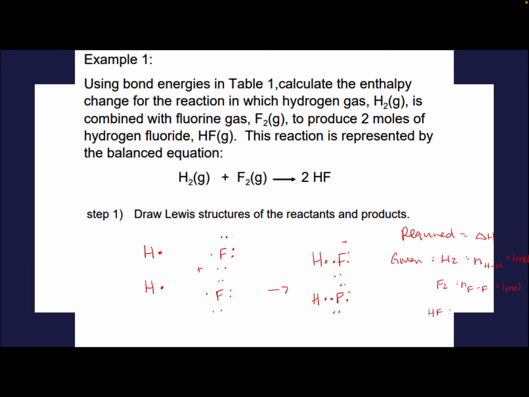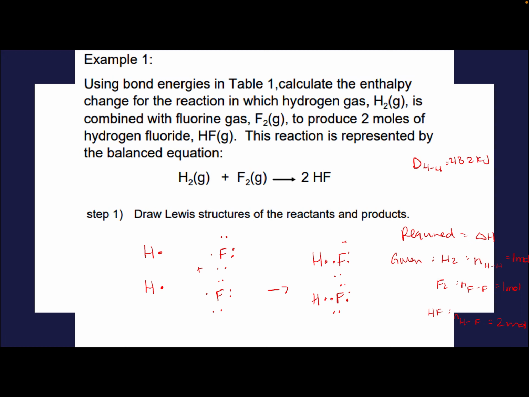And then for HF, which is the product, n of H–F is 2 moles, okay? So we know that. And then if we look at our table, our D values, which we were talking about before, that comes from our chart.